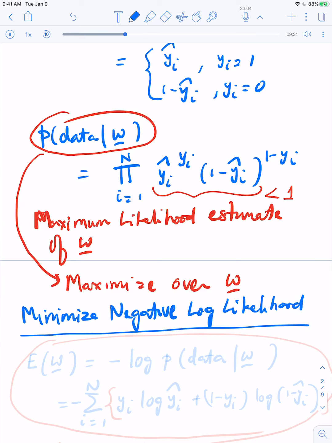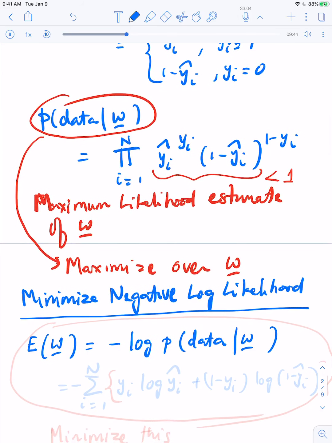That's what we're going to do. And so basically we're going to call this, I don't know, E of W is what I call it in the notes. It's minus log of the probability of the data given W.